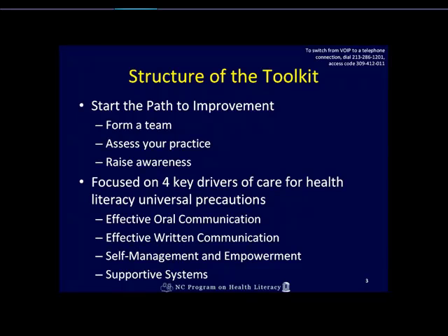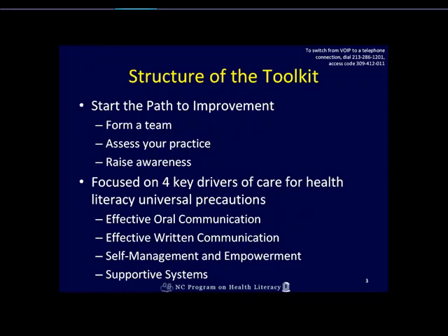We structured the toolkit as what we sometimes call a change package, or a set of strategies that one can use to improve the care you provide in your practice. And the structure of the toolkit is on this slide, where we start with the path to improvement, and the toolkit will walk you through forming a team, assessing your practice, and raising awareness in your practice.